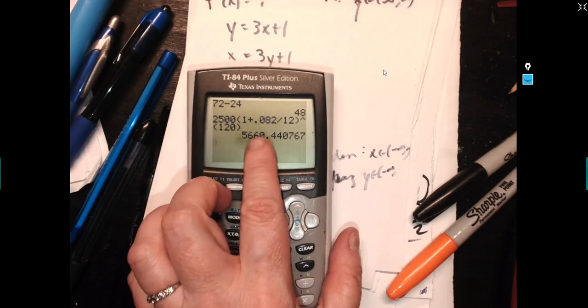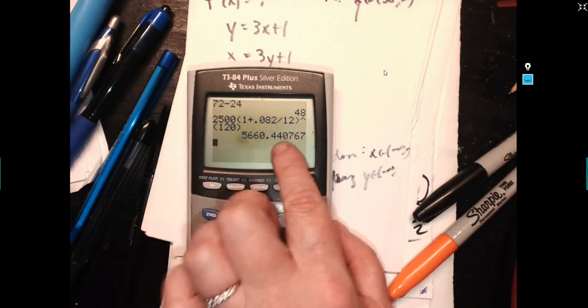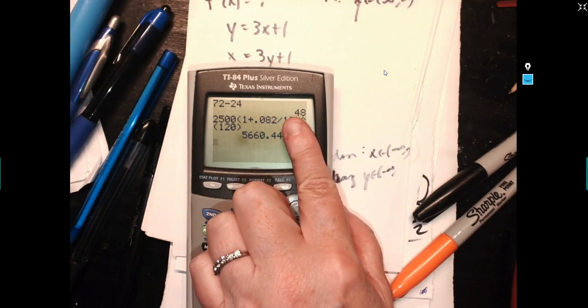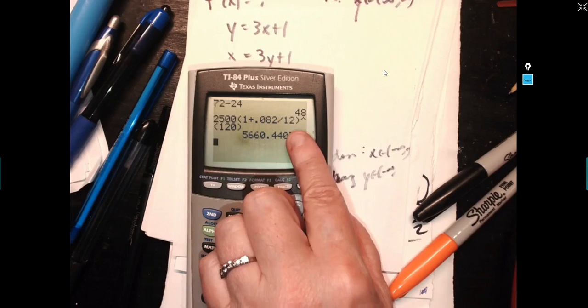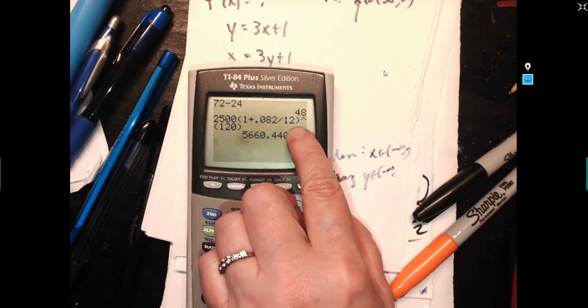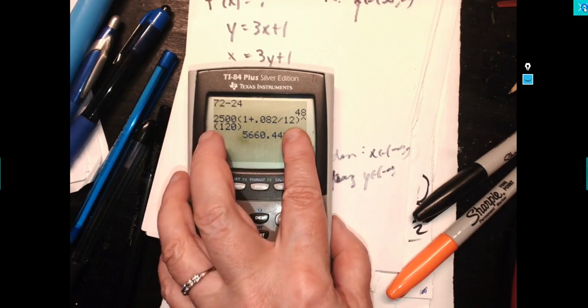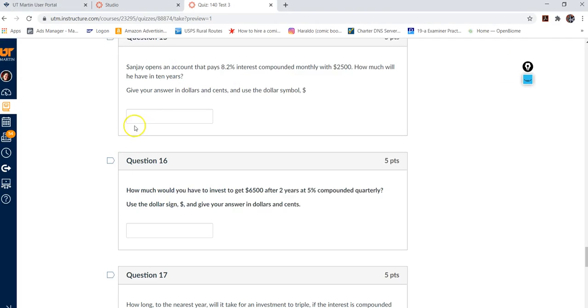Okay. And it says dollars and cents. So that's telling you to round it to 2 decimal places, dollars and cents. So $5,660.44. $5,660, and it says use the dollar symbol.